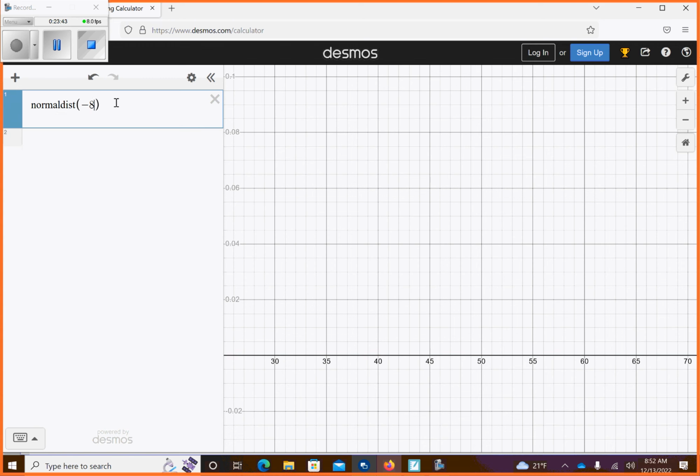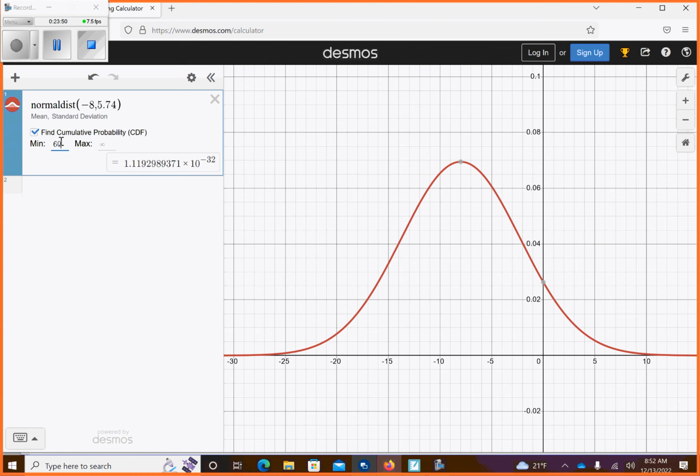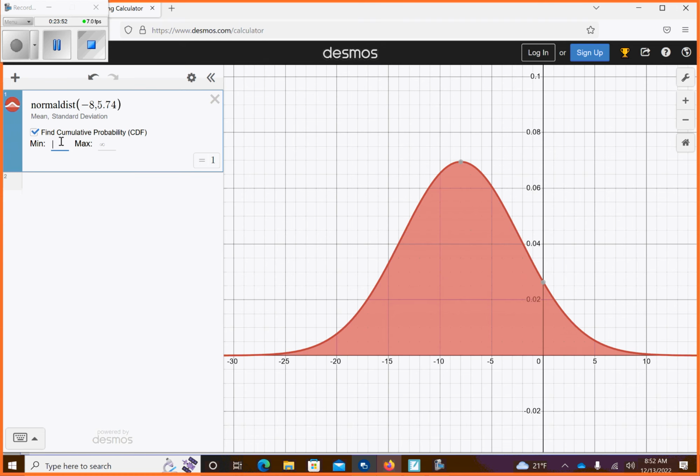So we're going to go -8, comma 5.74. Look on that, and we want bigger than 0. So we have an 8.17% chance that if I did task A and B, that would actually take longer than tasks C and D.